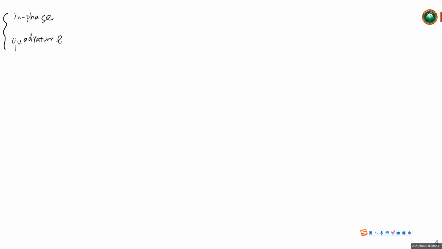The second term is the quadrature component. Two components: in-phase component and quadrature component.